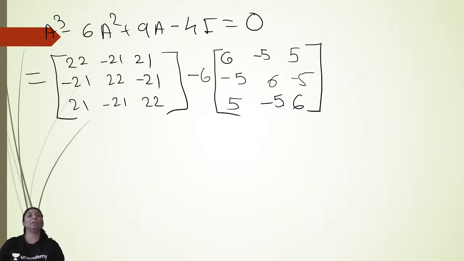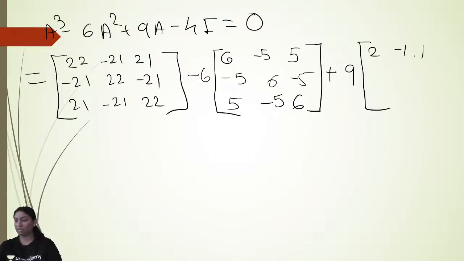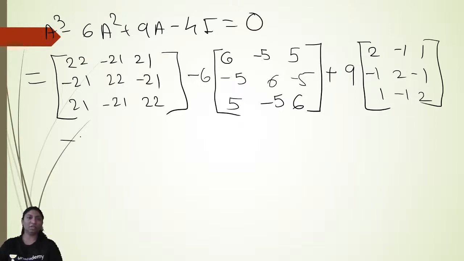Okay. Now plus 9A. So 9 into A, value of A is given 2 minus 1 1, minus 1 2 minus 1, 1 minus 1 2. Okay. Minus 4 into identity matrix 1 0 0, 0 1 0, 0 0 1.